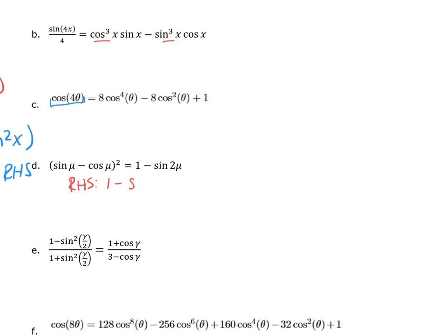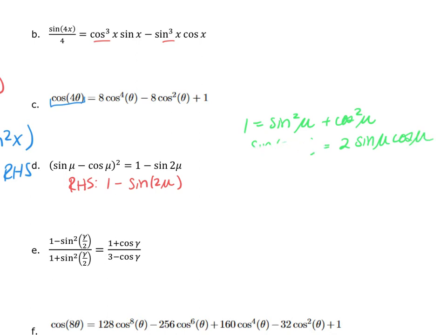So 1 minus the sine of 2 mu. I know that 1, in general, is equal to the sine squared of mu plus the cosine squared of mu. And the sine of 2 mu can be replaced with 2, the sine mu, cosine mu.